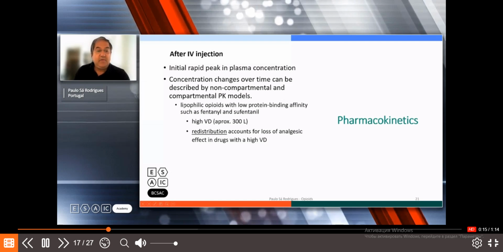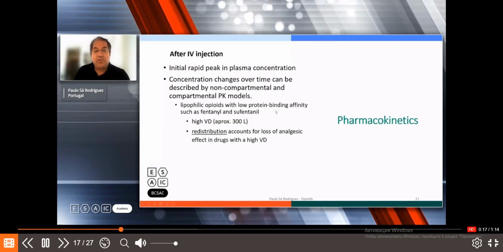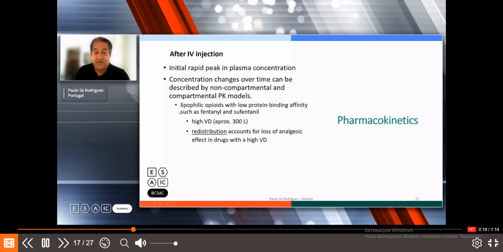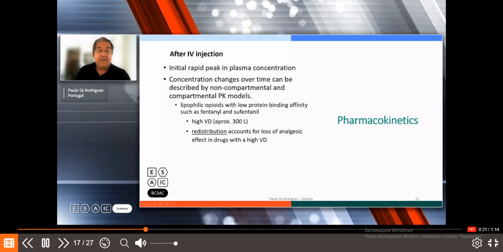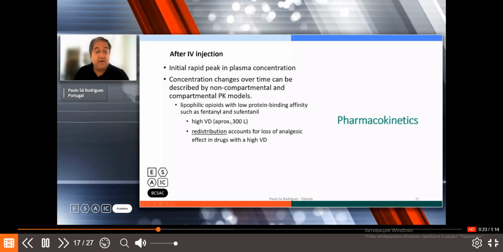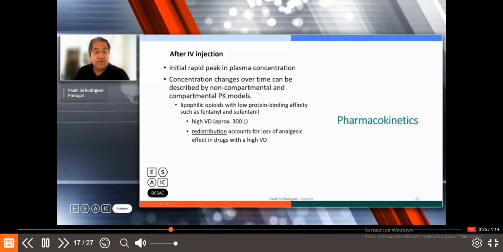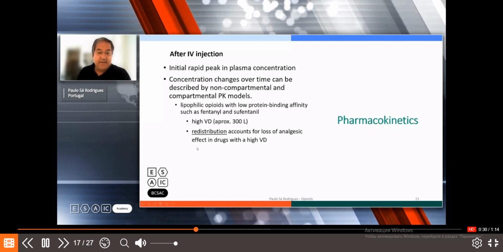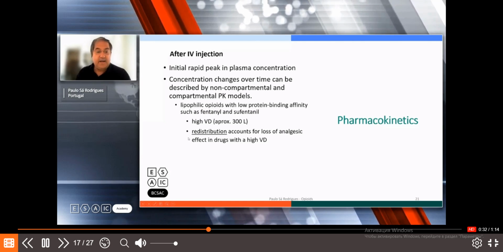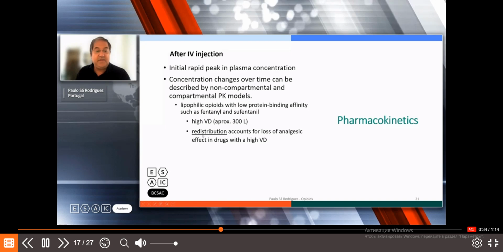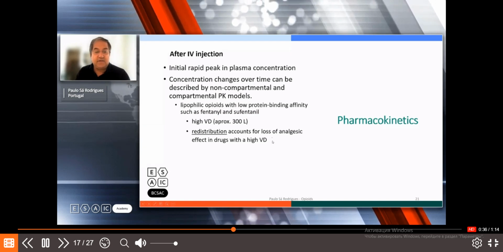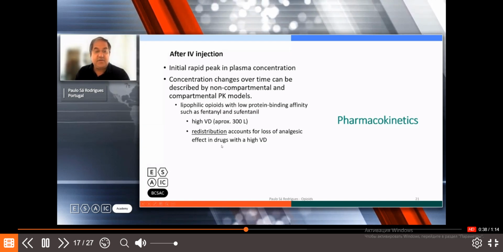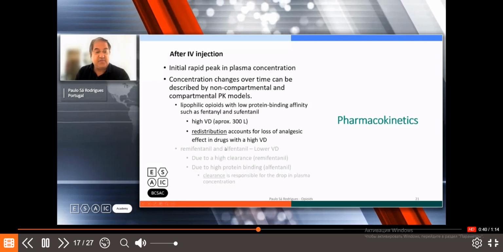So lipophilic opioids with low protein binding affinity, such as fentanyl and sufentanil, which have a very high volume of distribution of approximately 300 liters, will have a main effect caused by redistribution, accounting for the loss of analgesic effects in drugs such as these ones.